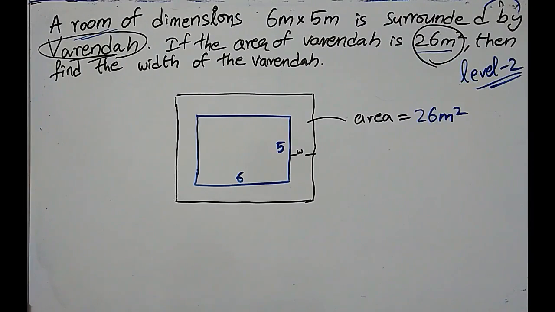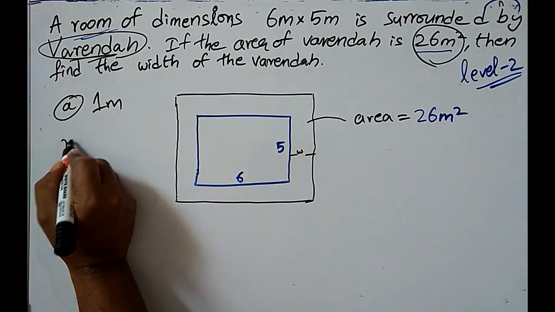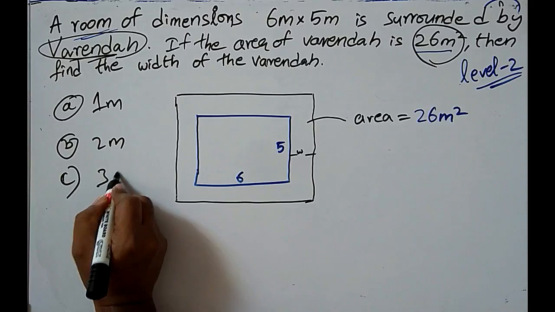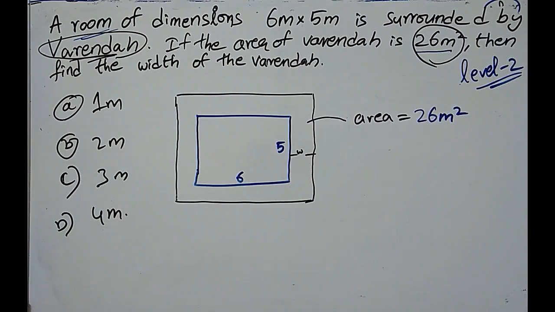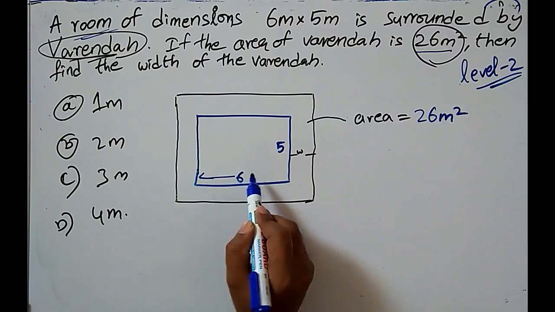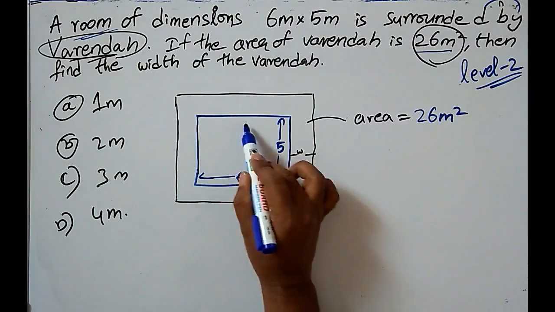Okay friends, let us see the options. Here the options are 1 meter, 2 meters, 3 meters and 4 meters width of the veranda. See friends, from this 6 meters and 5 meters, can we find the area of the room?